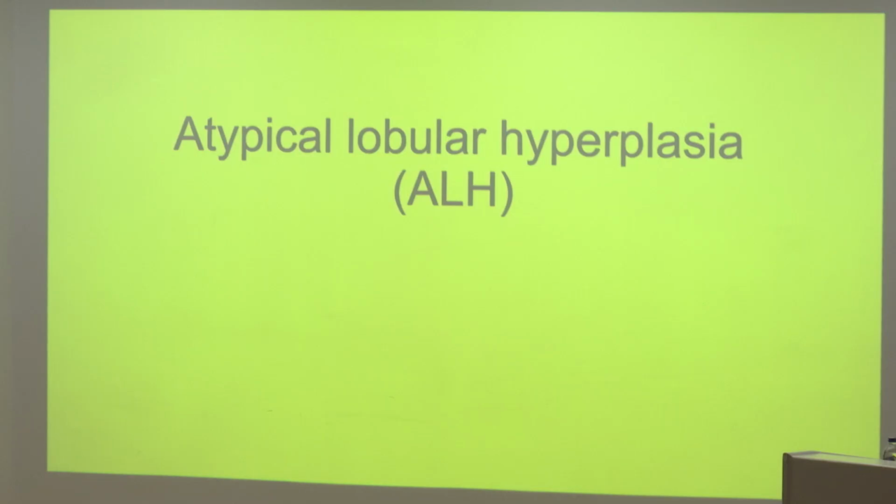Okay, finished about that. We'll come back to some drugs the woman could take for her whole life, and go to atypical lobular hyperplasia. This is a more innocent lesion, because if we have this finding in core biopsy, we don't do anything else. It's enough.